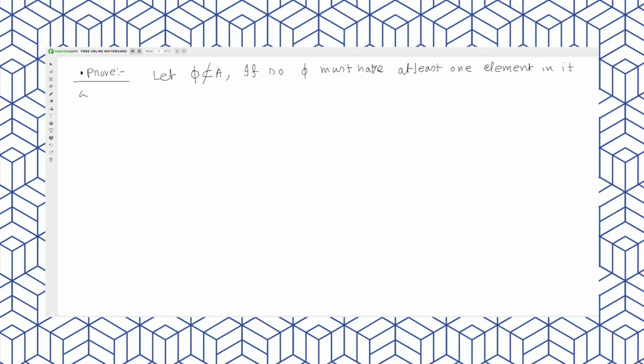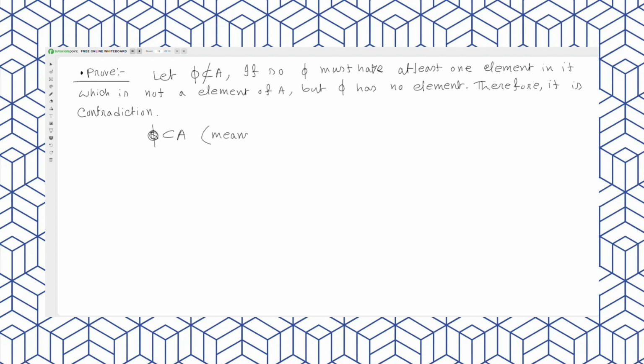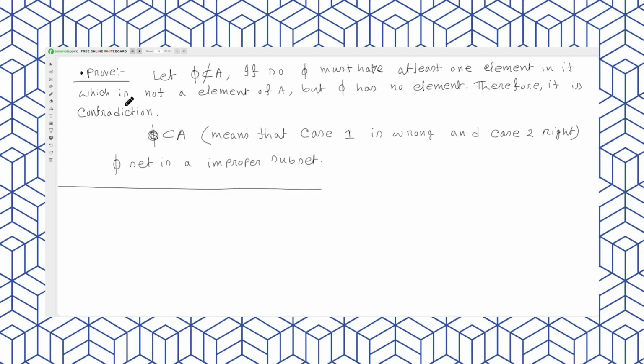So if so, null set must have at least one element in it, which is not possible as null set has no element in it. So this is a contradiction. Therefore our assumption, the first case, is totally false, then the second case has to be true. Therefore null set is a subset of every set, and null set is called improper subset of A.